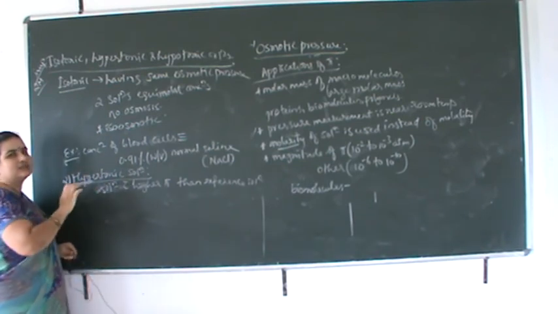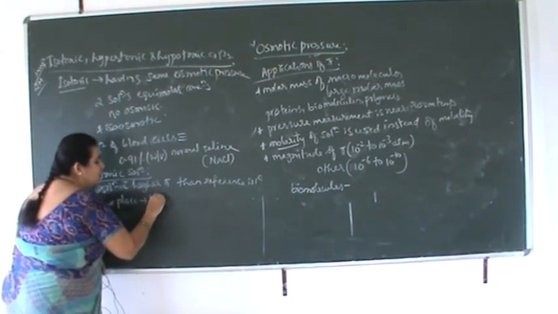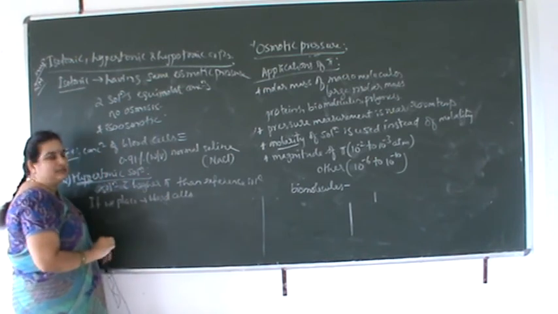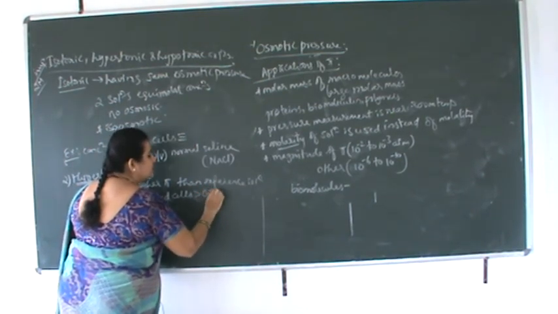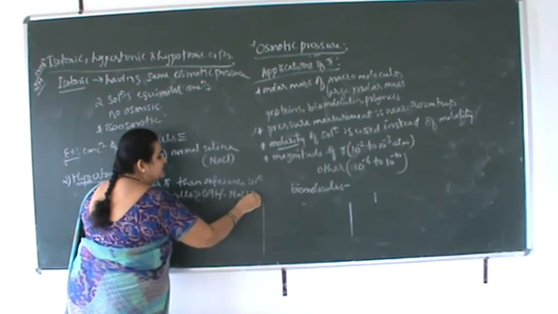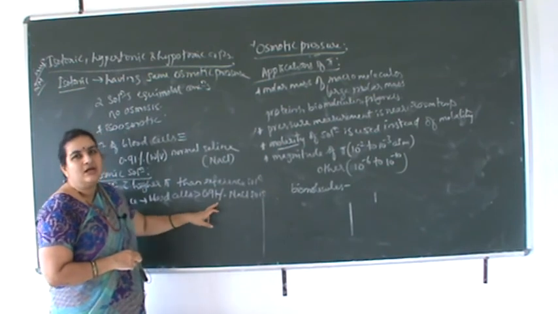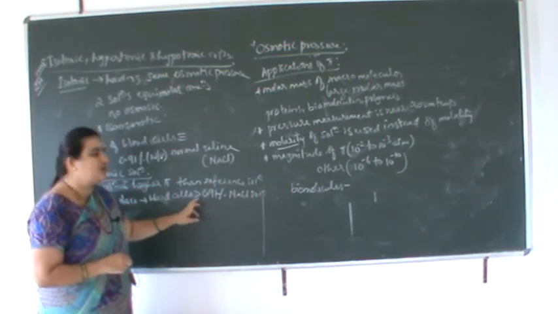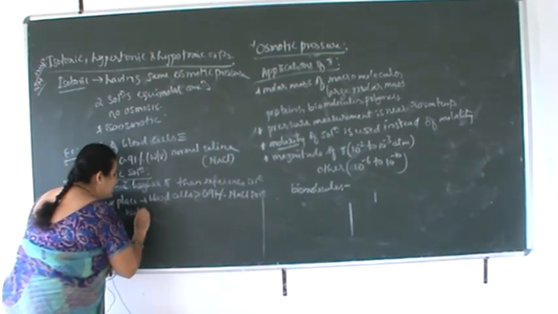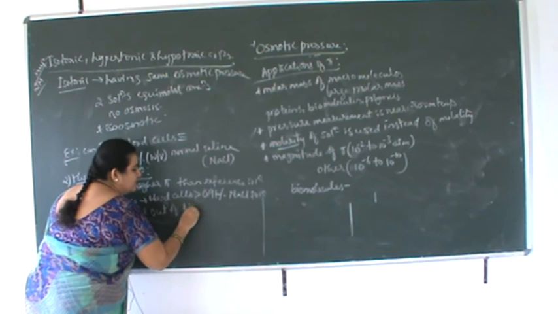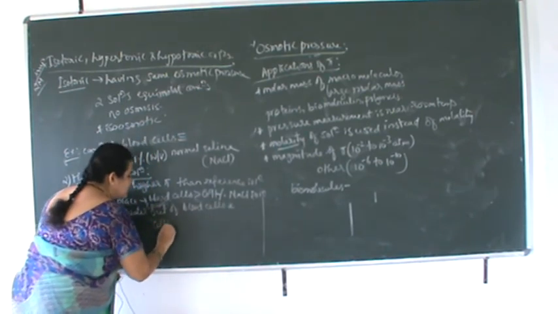The same example is just changed here. If we place the blood cells in a solution containing more than 0.91% NaCl solution, that means the concentration of the solution will be more, then water will come out of the blood cells and the cells will shrink.